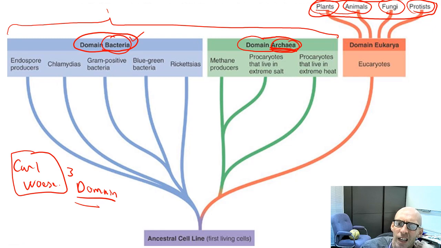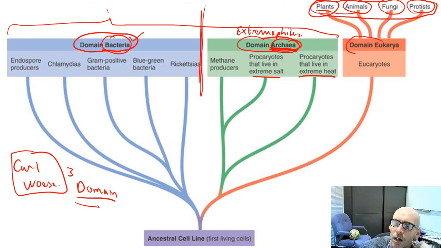And what are they like? Well, extreme salt conditions, extreme heat conditions. They're quite often known as extremophiles. They're very primitive life forms that haven't changed much in millions and millions of years, and they're very, very different to other bacteria, as different as bacteria are from us.